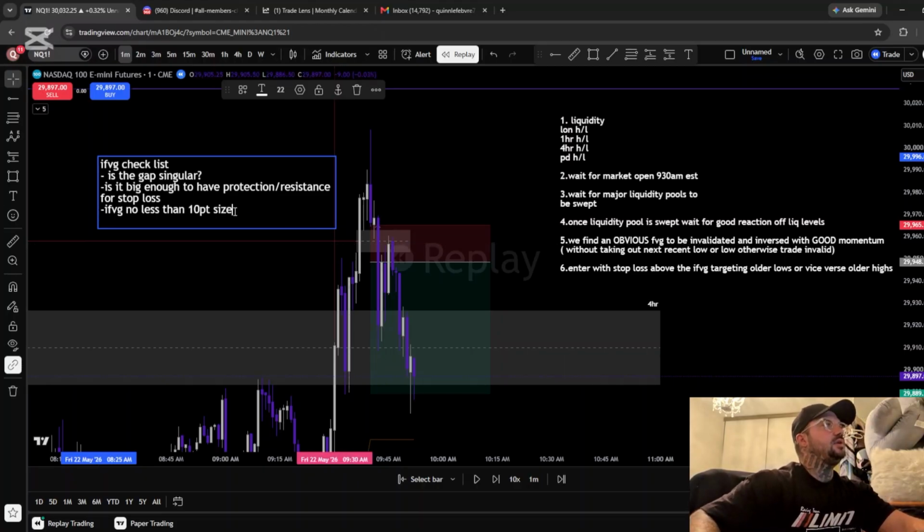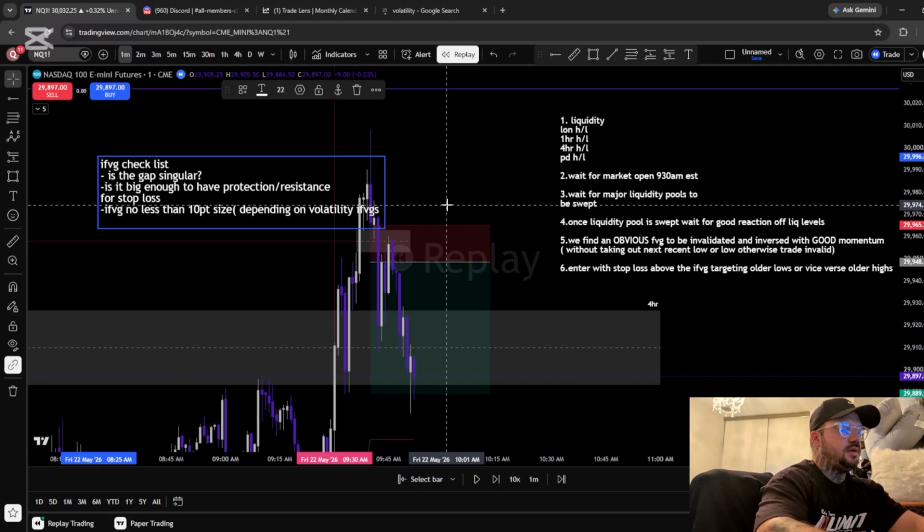Depending, this will change depending on how market's moving and how volatile. Obviously, the more volatile it is, the bigger you want your IFVG, because it creates protection of your stop loss, because there's more resistance for price to rip right through it, and then you get cooked.